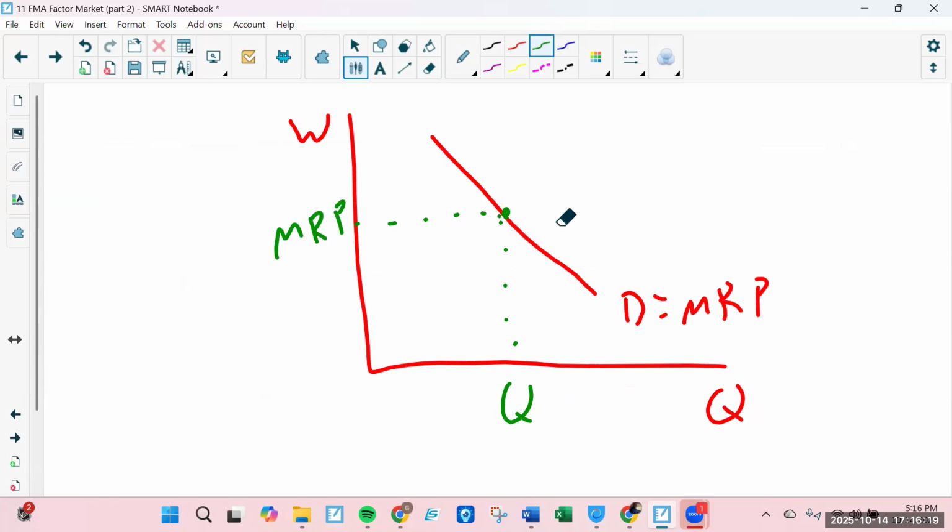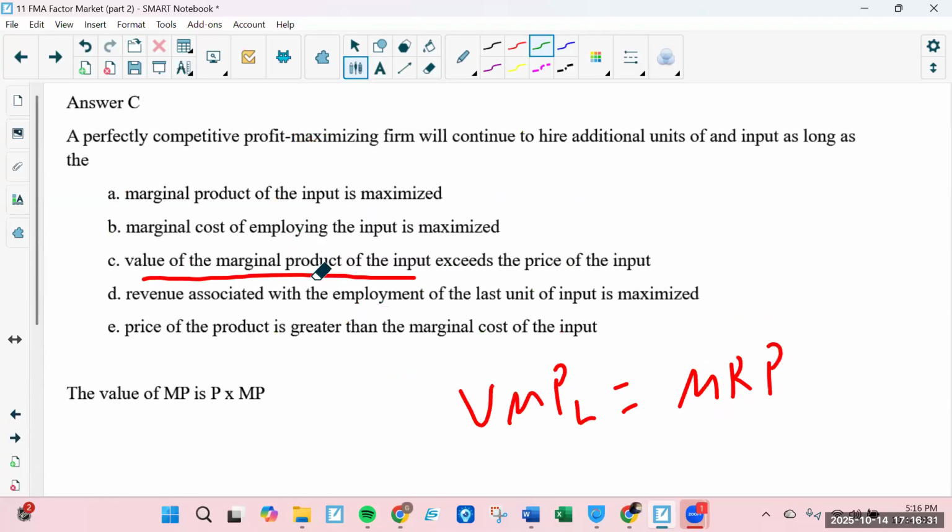That's the value of that quantity of workers at that quantity. We call that the VMPL, the value of the marginal product of labor. Okay, and that's what they're asking for here. So you're going to continue to hire as long as the marginal product per dollar is higher. Okay, the value of the marginal product of the input exceeds the price of the input.